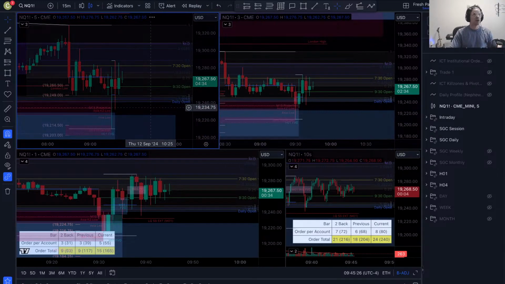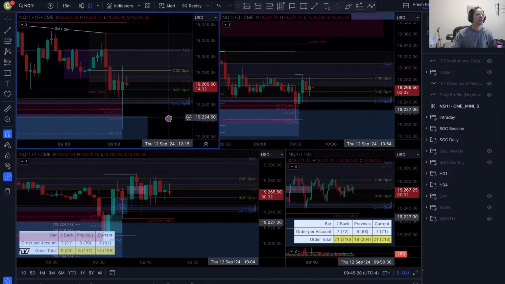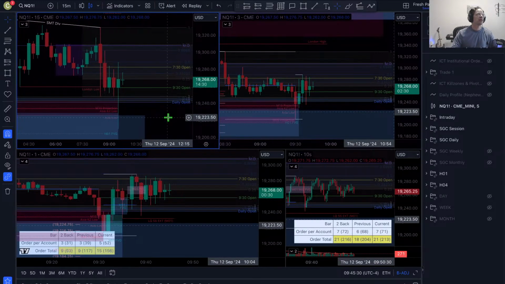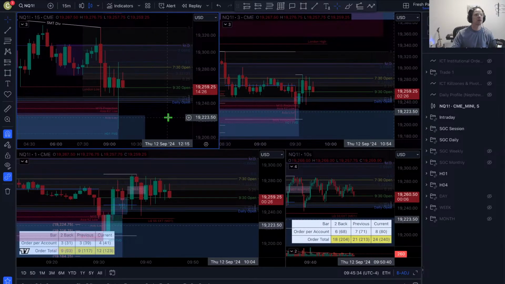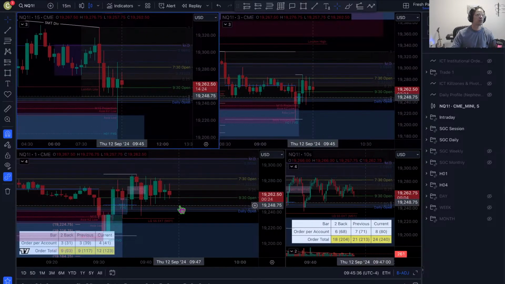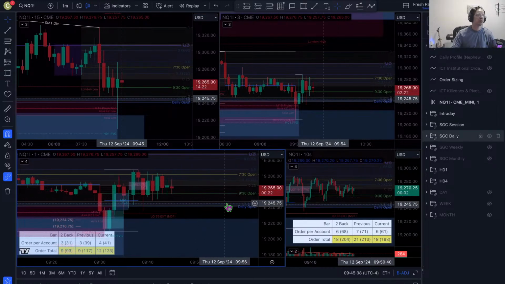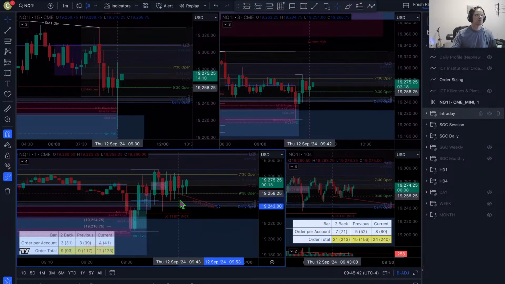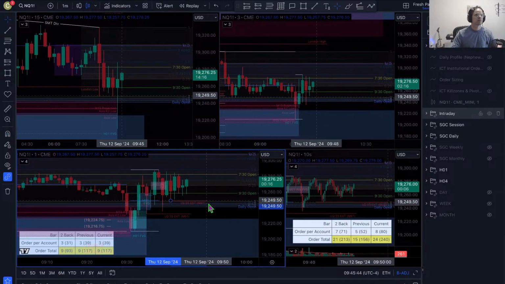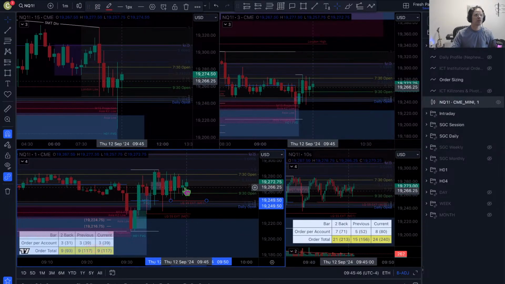How's our 15-minute candle now? So 15 did close above the 930. See if we get some sort of sweep here. You know, there's a lot of liquidity now. That was a sweep of the 930 again and holding above.